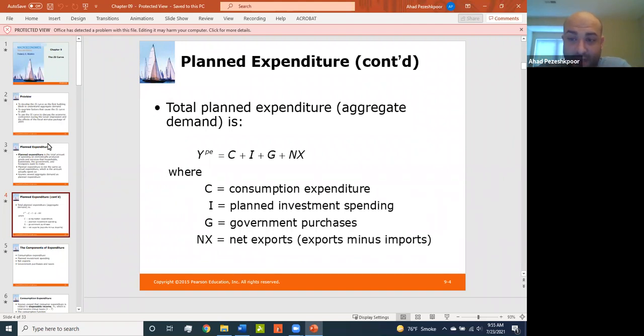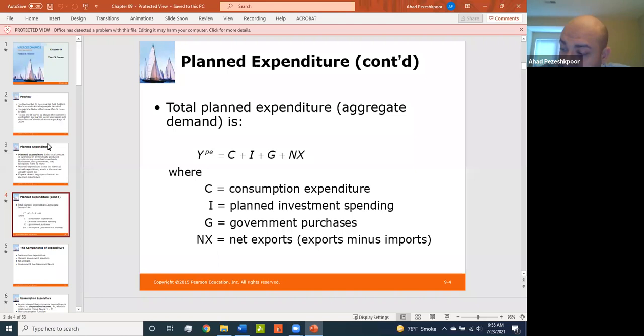This is when we come back to that. Total planned expenditure or aggregate demand will be equal to the GDP: consumption expenditure, planned investment, government purchases, and net exports. All the components of the GDP.